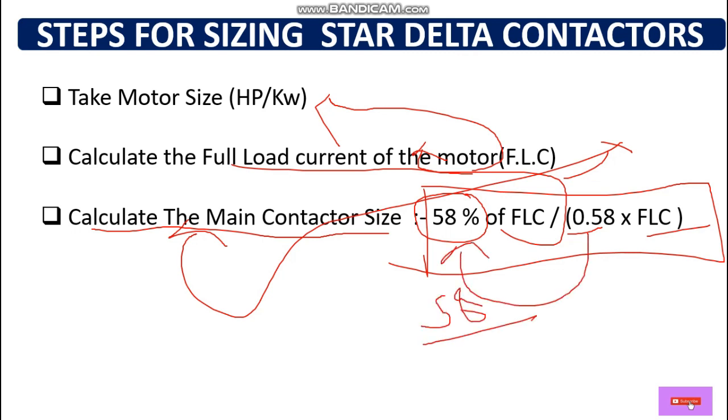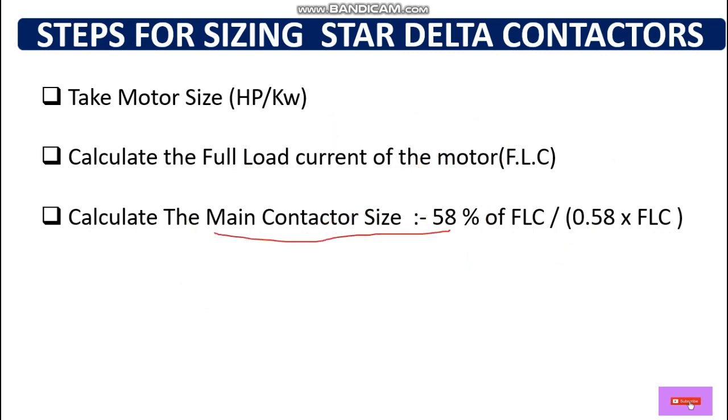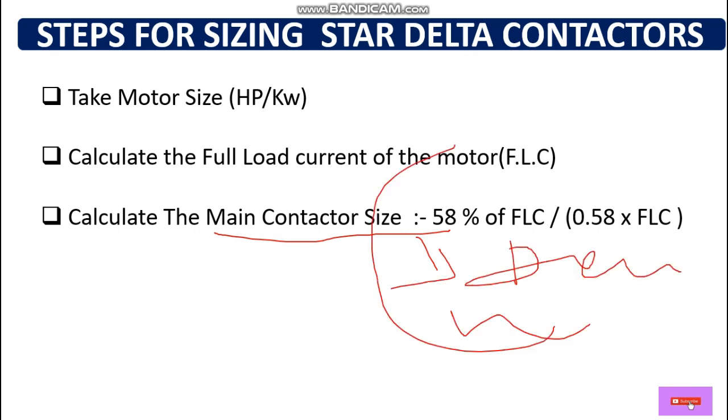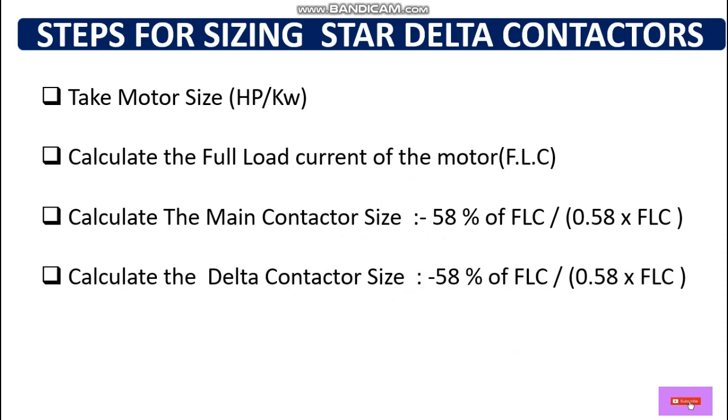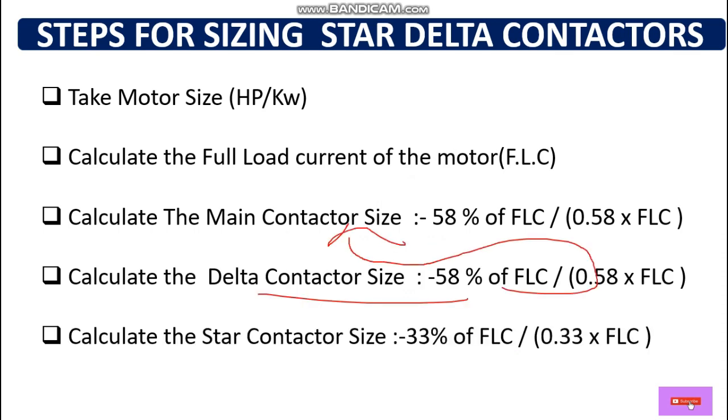Now, delta and main contactor sizes are the same in a star delta starter, so calculate the delta contactor same as the main contactor. Then calculate the star contactor size, which is 33% of FLC.